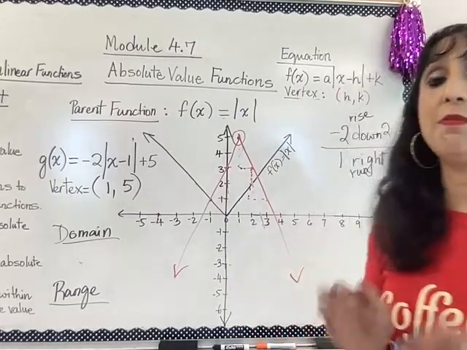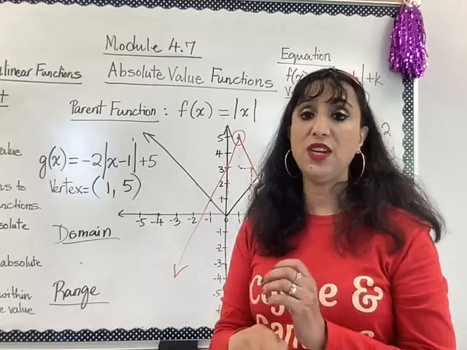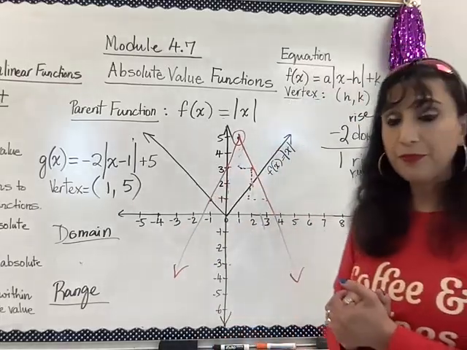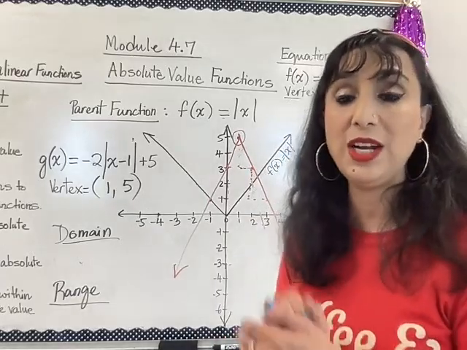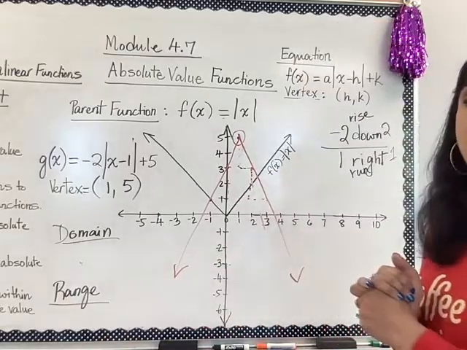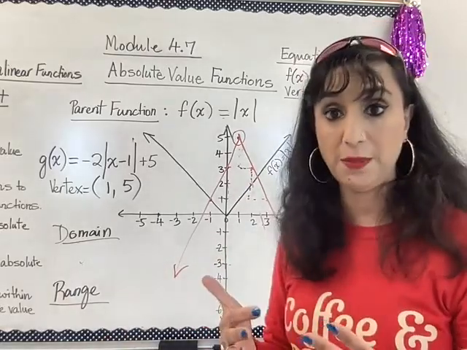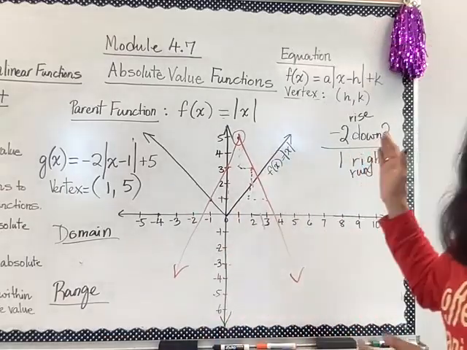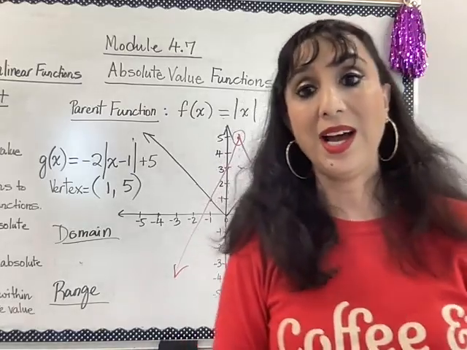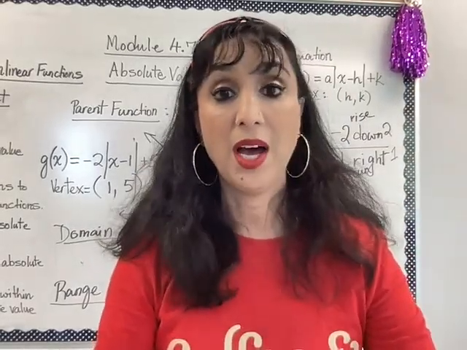Now, if it is minus, we know the graph is shifting to the right, so that x is going to become plus. If it is plus, we know it's going to move to the left, and so my x is going to become negative in the ordered pair. And then of course my constant k is the y value when we are solving for these functions.